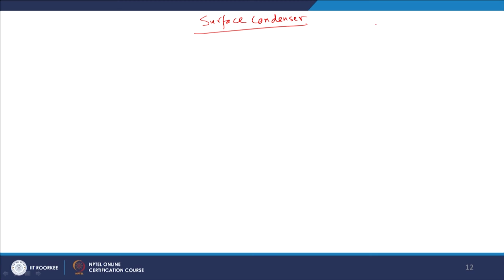Now we will come to the most popular condensing device, that is the surface condenser. In a surface condenser there is a shell, and the shell has a number of tubes, right.